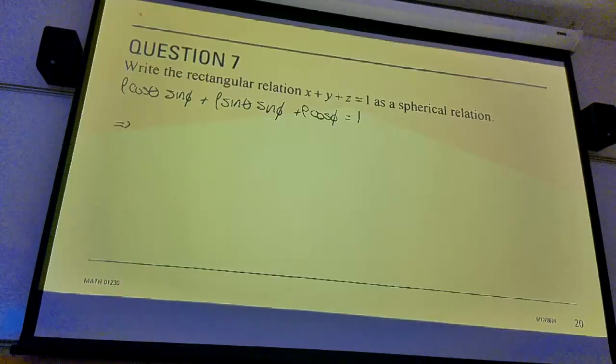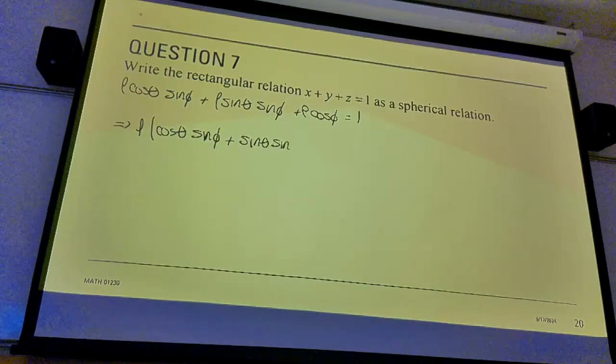How does that help? Just factor out rho. Is there any way to simplify what's inside the parentheses?